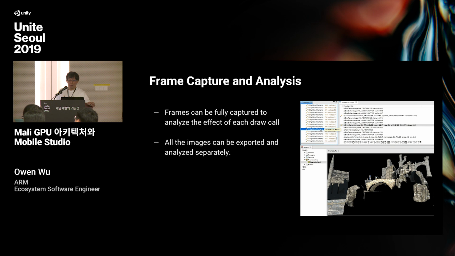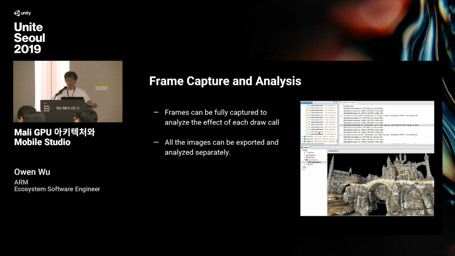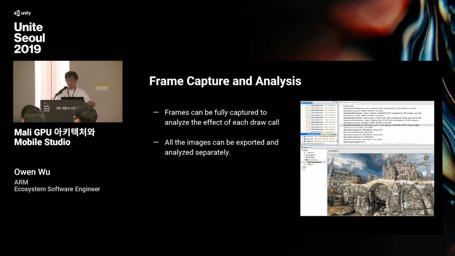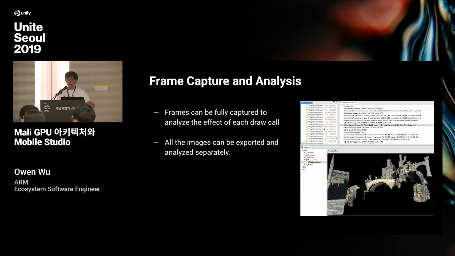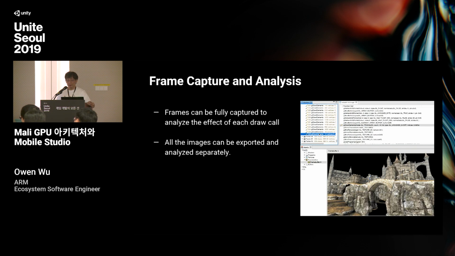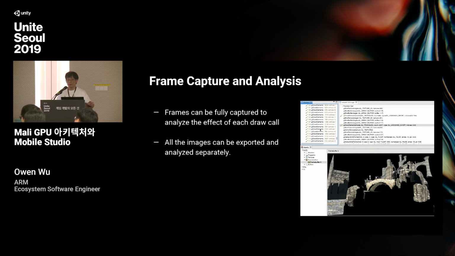For frame capture and analysis, a native resolution snapshot of each frame buffer is captured after every draw call. This capture actually happens on the real target, so even target-dependent bugs or precision issues can be investigated in the graphics analyzer.